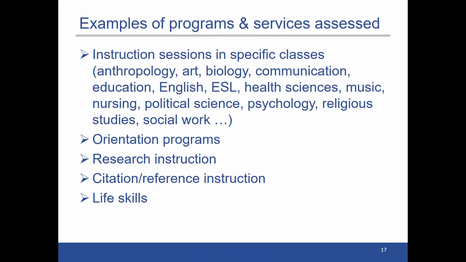Research instruction, citation and reference instruction, and life skills. So you can see that this one survey has a great deal of flexibility, and as Sara mentioned earlier, you set the context for how people answer these questions, so it makes it a very flexible system for what you're doing.